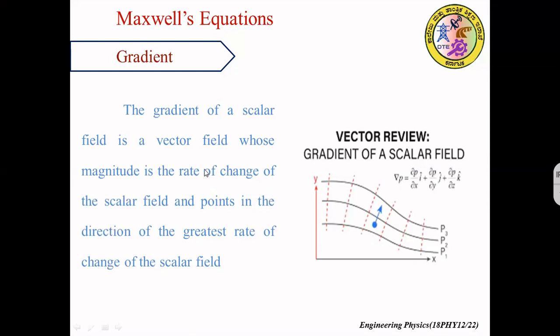So gradient operates on a scalar and gives us a vector quantity. It is defined as: the gradient of a scalar field is a vector field whose magnitude is the rate of change of the scalar field, and it points in the direction of the greatest rate of change of the scalar field. Hope it is clear.